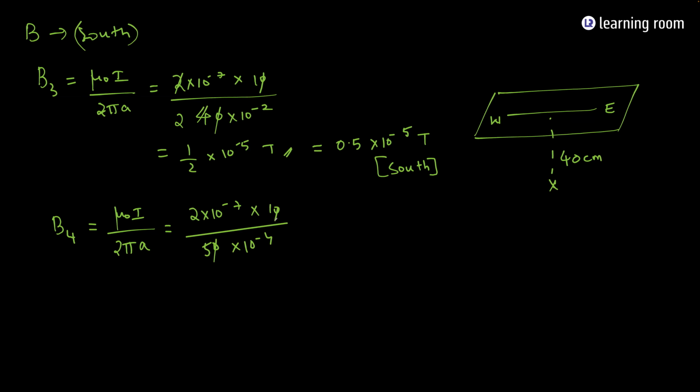So 0 and 0 will get cancelled. 5 will cancel this to 0.4 times. So it will be 0.4 into 10 power minus 5 Tesla, because it's centimeter, no? In which direction is it going to be? It will be in the north. Clear?